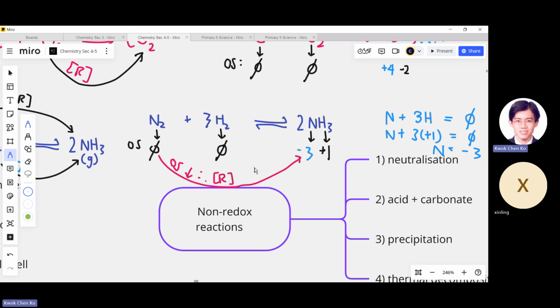Again, I disregard all the coefficients. I don't care about the number here. That's the tricky part. You need to know when to care and when not to care. This one, how about hydrogen? H to H. 0, 0 here. H +1 there. So OS has increased. Therefore, this is oxidation.